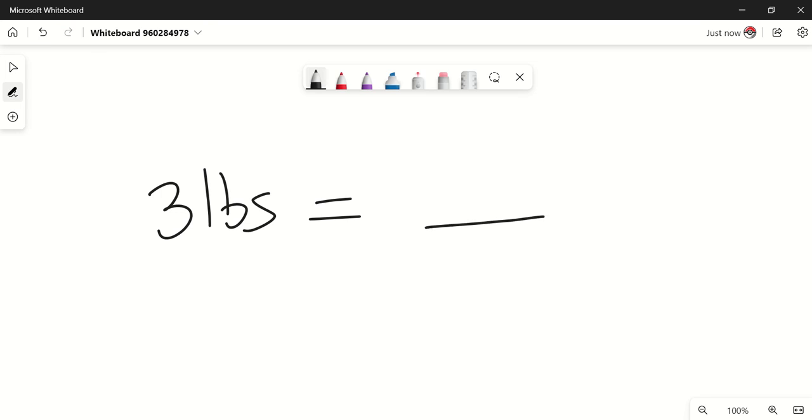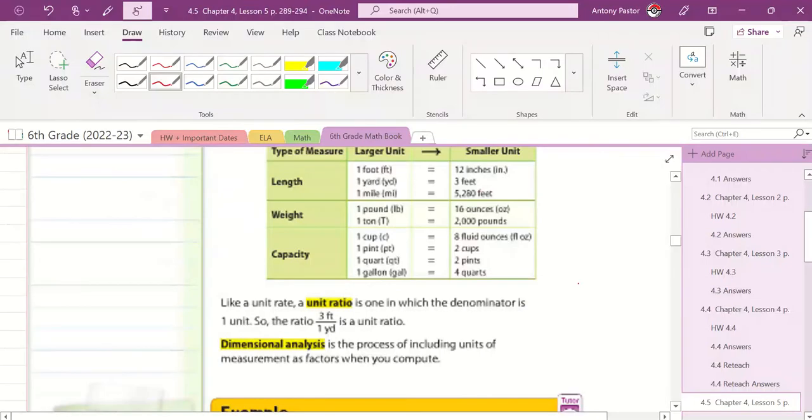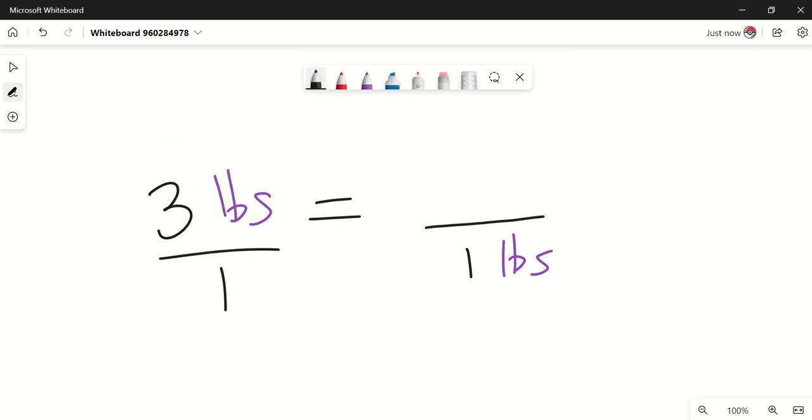Notice that I'm going to put my 1 pound here at the bottom, because this is going to go over 1. Let me rewrite pounds in a different color so it doesn't look like 31, and this doesn't look like 11. So this is 3 pounds. We want to find out how many ounces 3 pounds equals, and 1 pound equals 16 ounces. So my unit rate is going to be 16 ounces equals 1 pound.